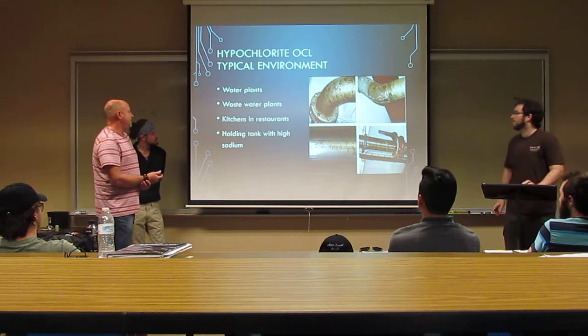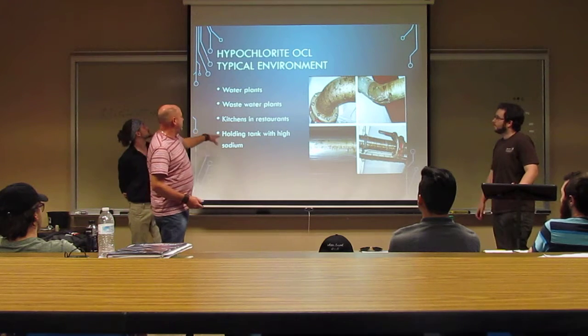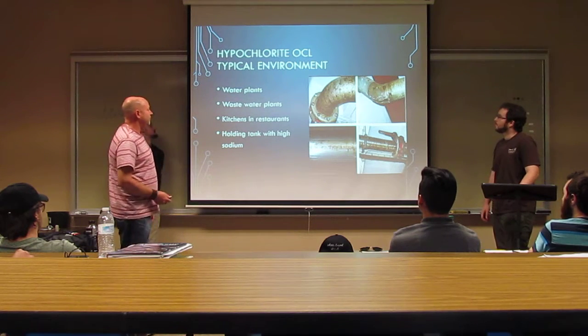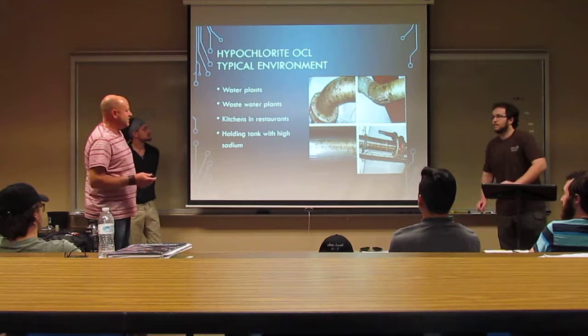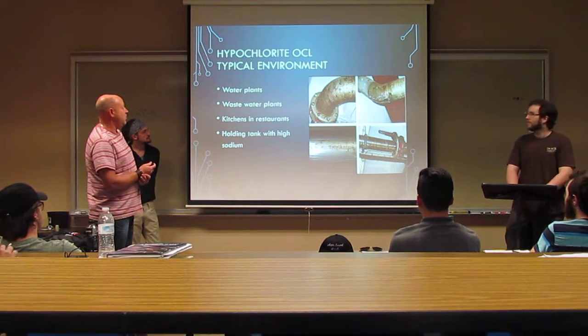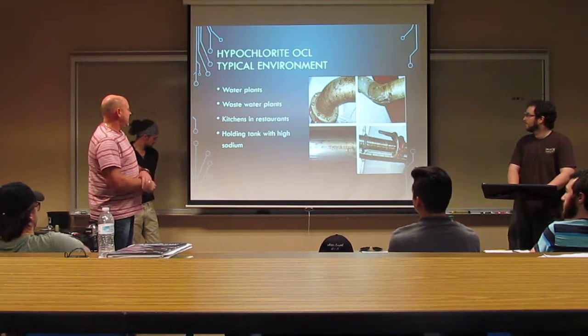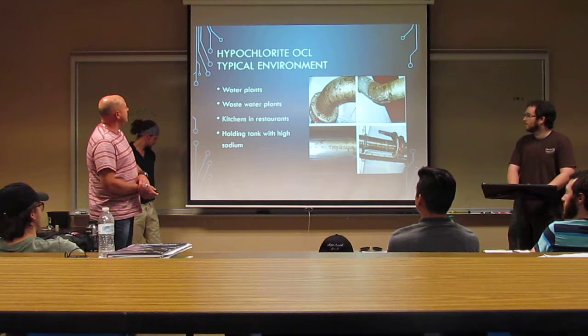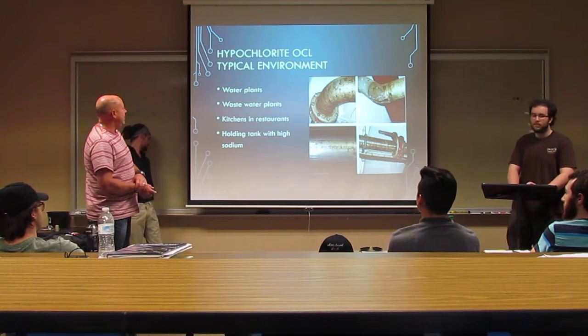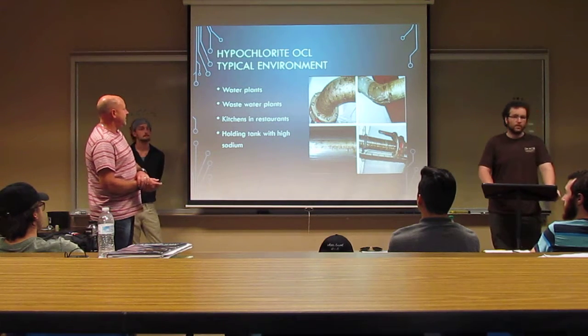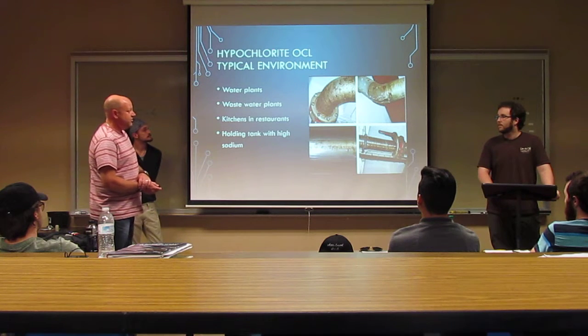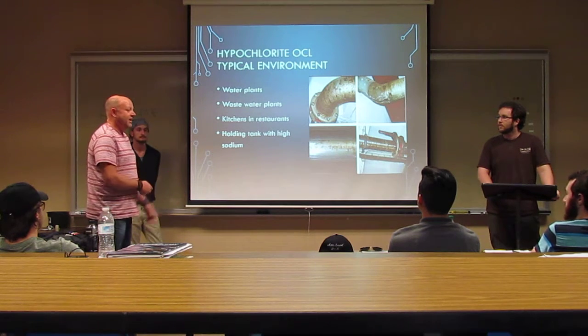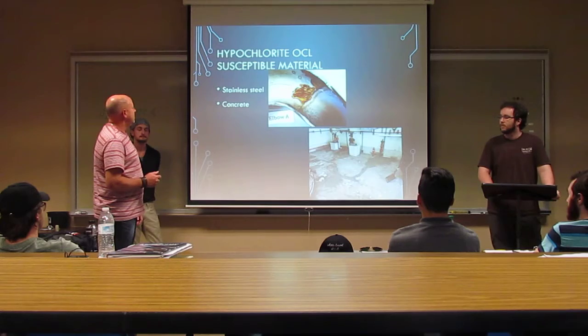One area where it does show up a lot is in kitchens and restaurants and holding tanks, where they make the tanks out of stainless steel, or use stainless steel equipment in the kitchens. It takes a lot to keep them clean and keep the hypochlorite off of them, to keep it from attacking the stainless steel that they use to keep everything else from attacking whatever metal they use.